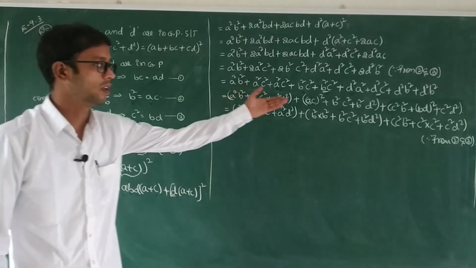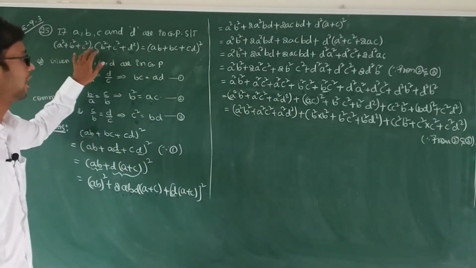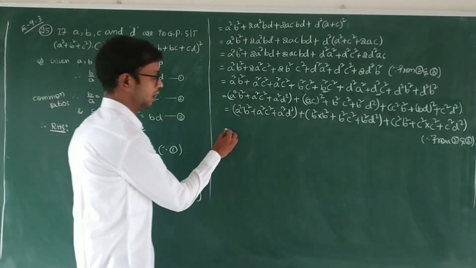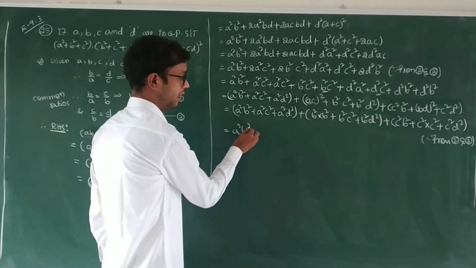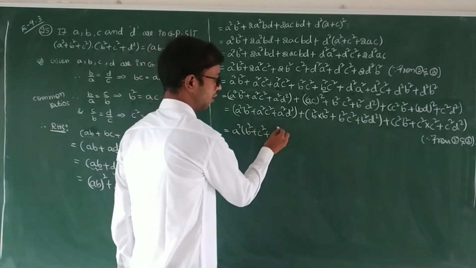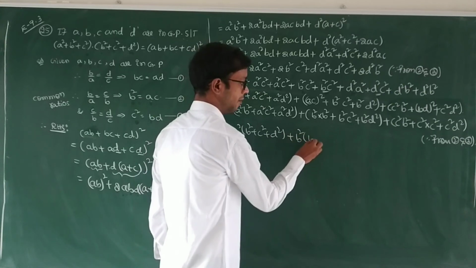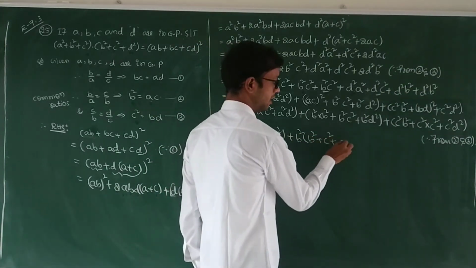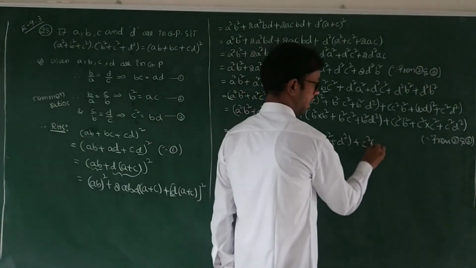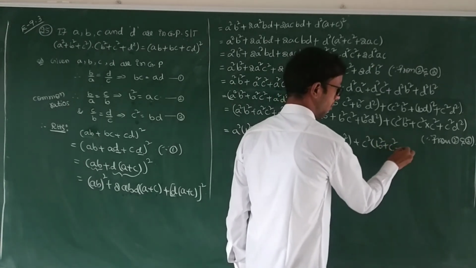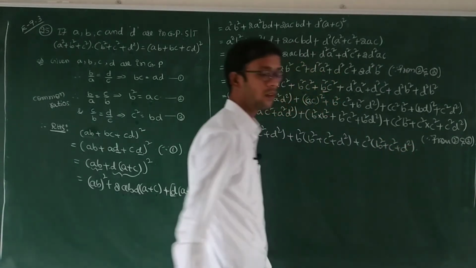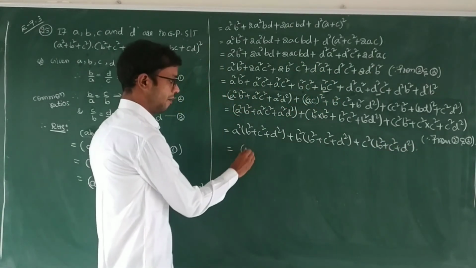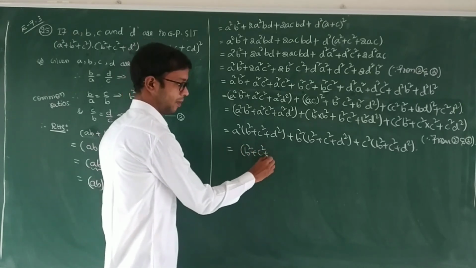Sir, why are we doing all these things? Because we need this value. So now we observe here: A square, take common B square plus C square plus D square; B square, take common B square plus C square plus D square; C square, take common B square plus C square plus D square. So now what is the common value? B square plus C square plus D square.